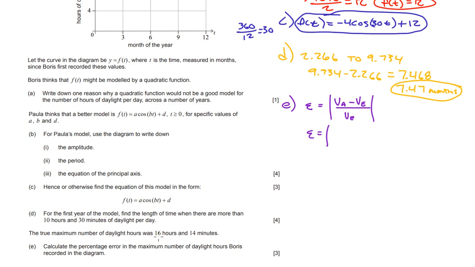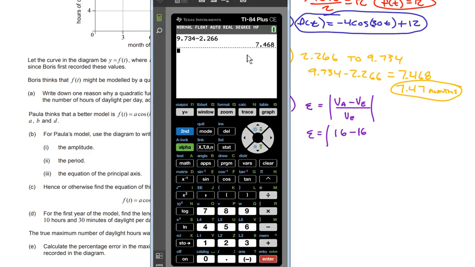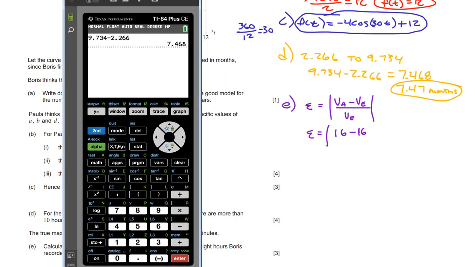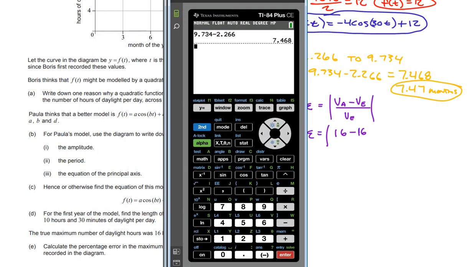So in this case here, they said that the true maximum number of daylight hours was 16 hours and 14 minutes. Our approximated number was 16. So we're going to do 16 minus 16, and then we've got to turn 14 minutes into hours, right?